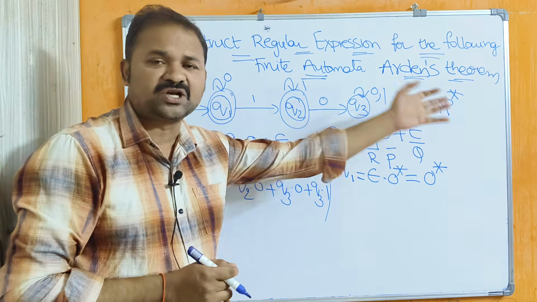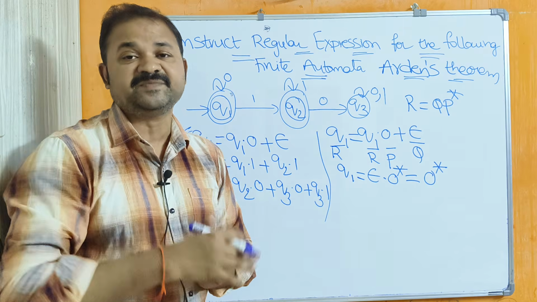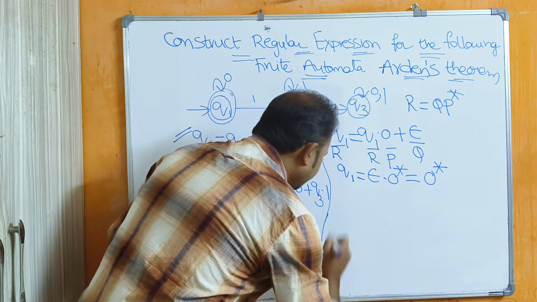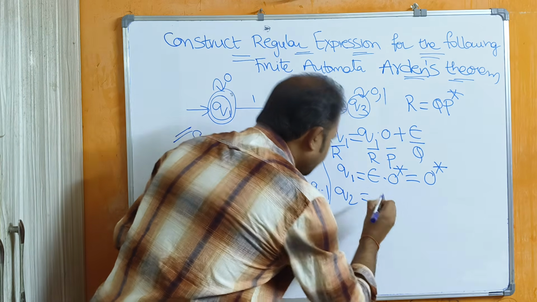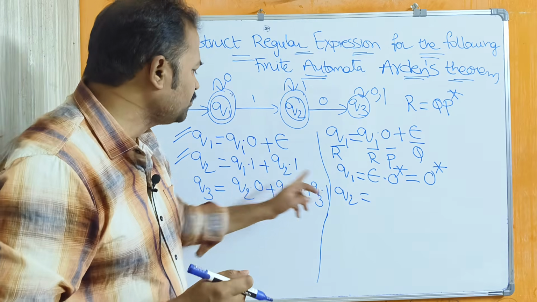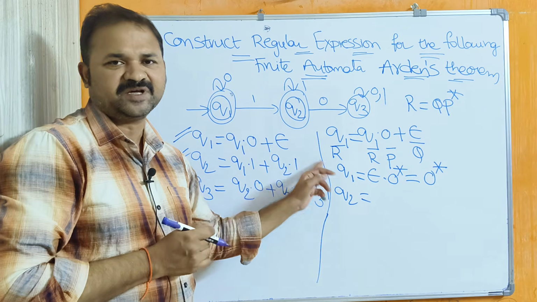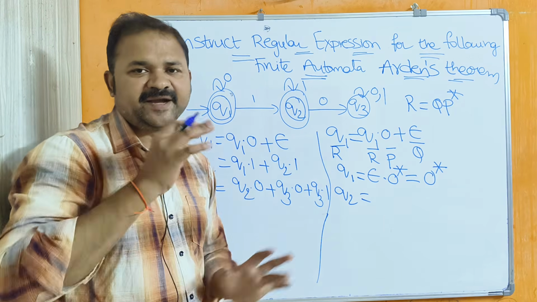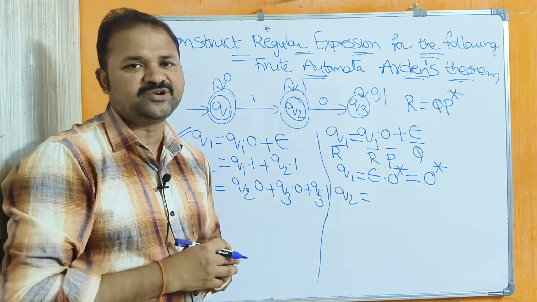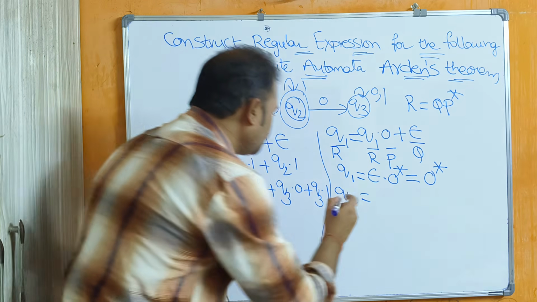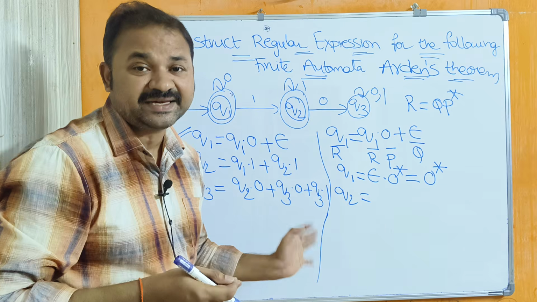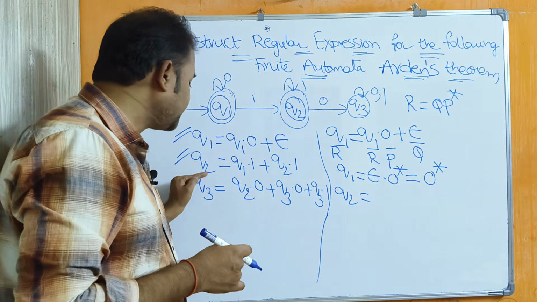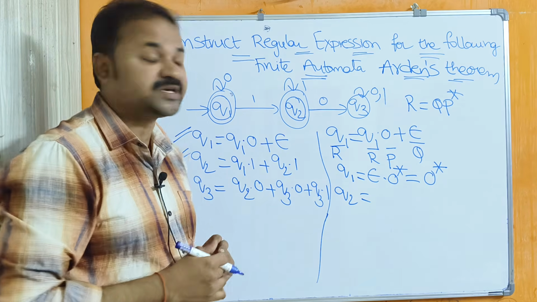Suppose if Q3 is also a final state, then we need to simplify Q3. For calculating Q1 and Q2, there is no need of Q3, because Q1 and Q2 are not depending on Q3.